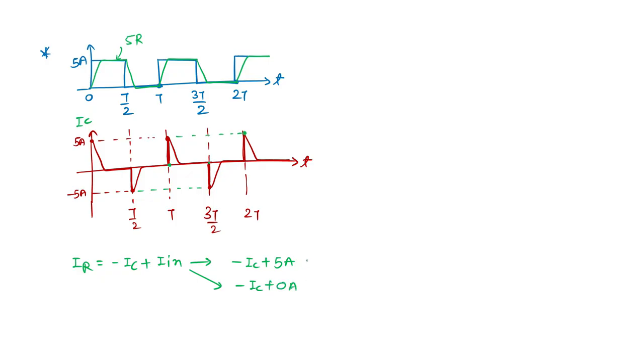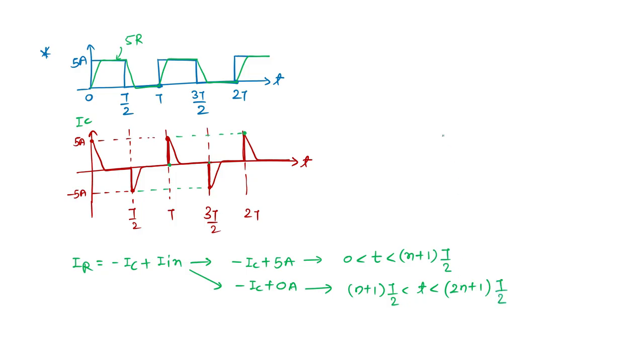Where it is -IC plus 5 ampere, it is between the time instants t greater than 0 and (n plus 1) T by 2. And where the other situation is happening is from (n plus 1) T by 2 to the time between, I mean to say, (2n plus 1) T by 2.